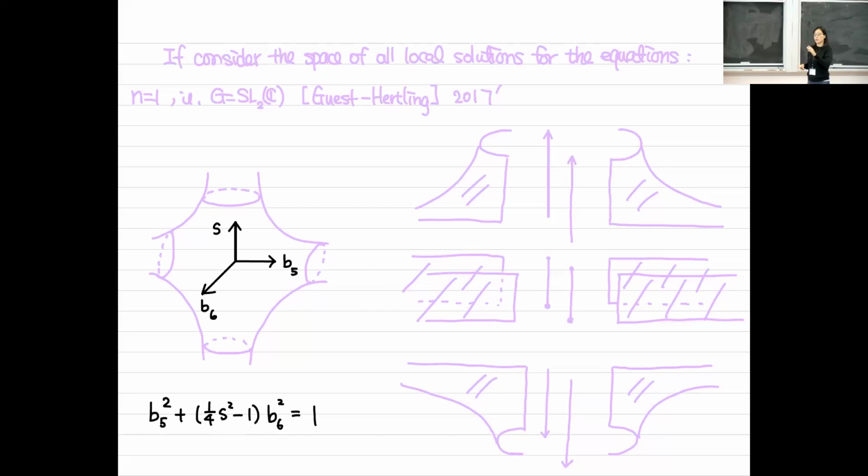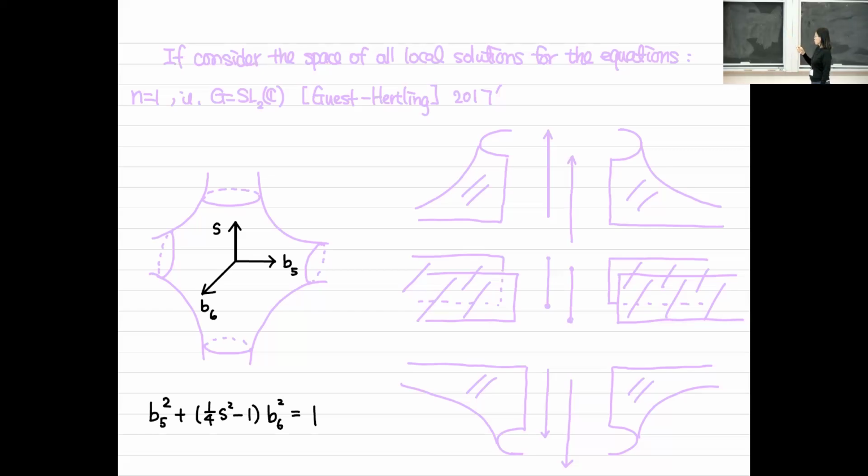For each stratum, it represents a different type of solution. For instance, the interval that we saw earlier is over here. This represents the global solutions. Over here, it will represent other types of solutions. In particular, those are the solutions which are smooth near zero, and we don't know what the behavior is when it goes far away.